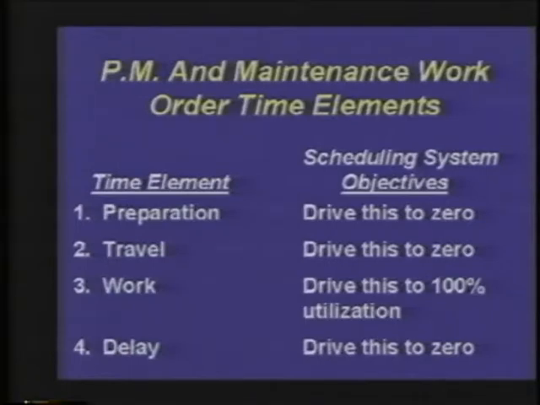So driving that time to 0 implies that we do not want craft personnel to spend time at the storeroom waiting for planned maintenance work orders to be scheduled and subsequently released. And that is one of the key byproducts of having work orders printed directly in the storeroom.